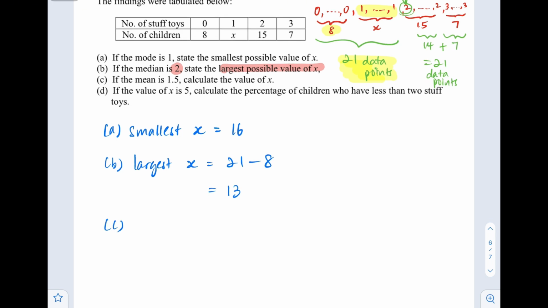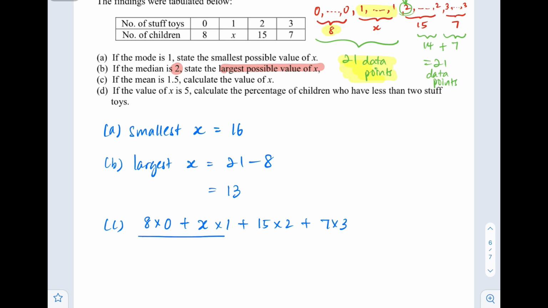Next, we go on to question C. If the mean is 1.5, calculate the value of X. How do we get mean? We have to take 8 children times 0, right? They have 0 stuffed toys. X children have 1 stuffed toy. 15 children have 2 stuffed toys. 7 children have 3 stuffed toys.